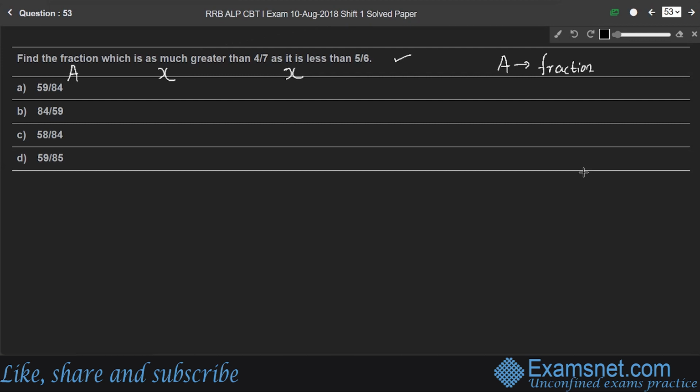So the fraction A can be written as x greater than 4 by 7, that means 4 by 7 plus x. And it is x less than 5 by 6, so the same fraction A is 5 by 6 minus x. Therefore, from the first relation, x can be written as A minus 4 by 7.